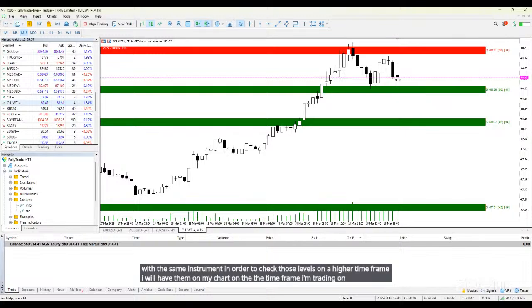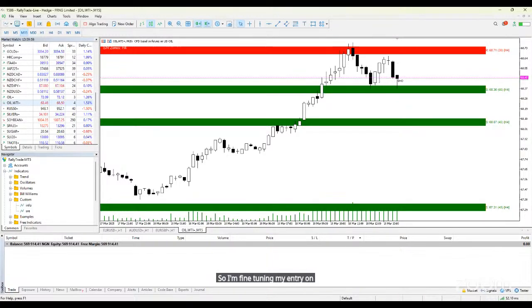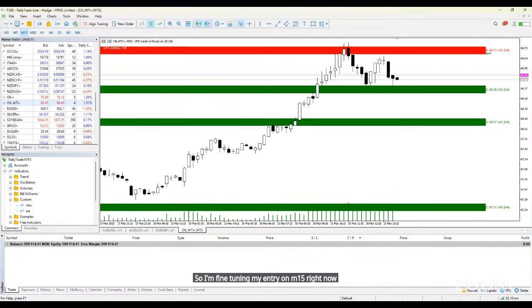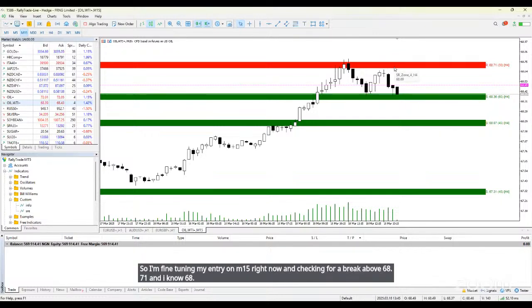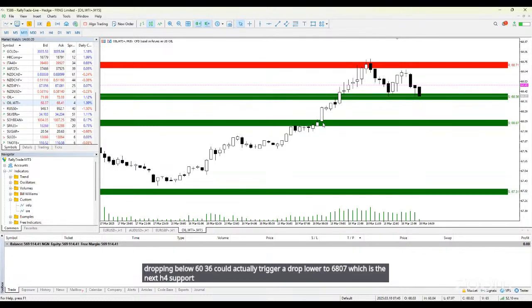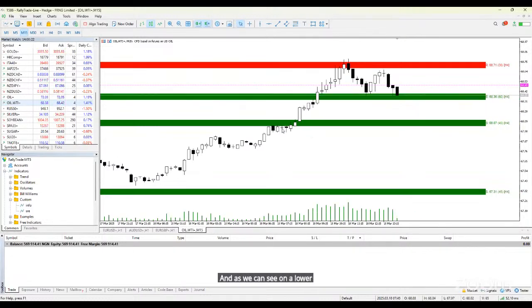So I'm fine-tuning my entry on M15 right now and checking for a break above 68.71. And I know 68.71, it's a strong one because it's a resistance level on H4. Dropping below 68.36 could actually trigger a drop lower to 68.07, which is the next H4 support. And as we can see on a lower time frame here, it was also a resistance.